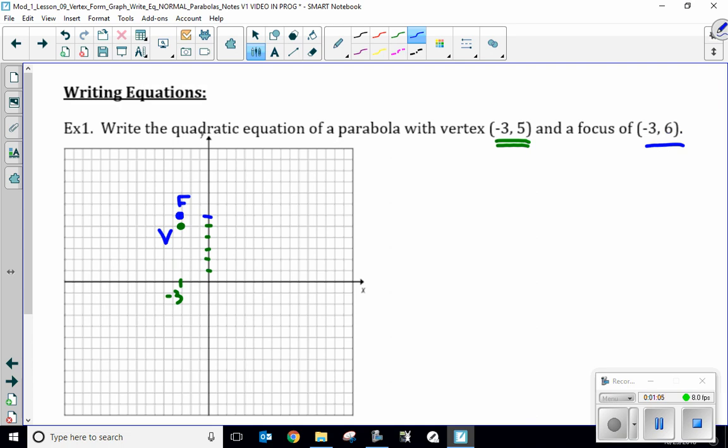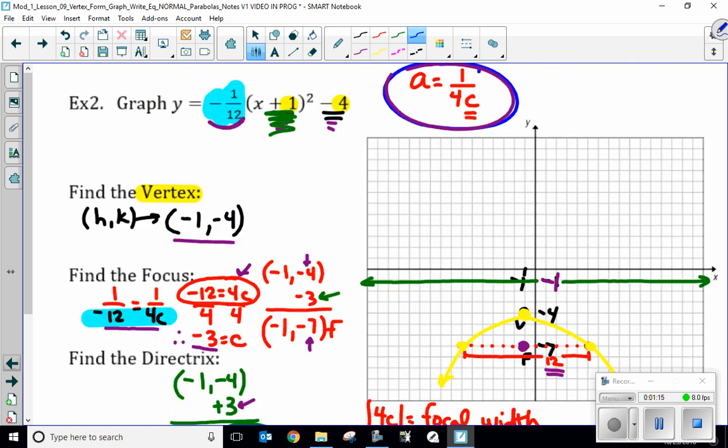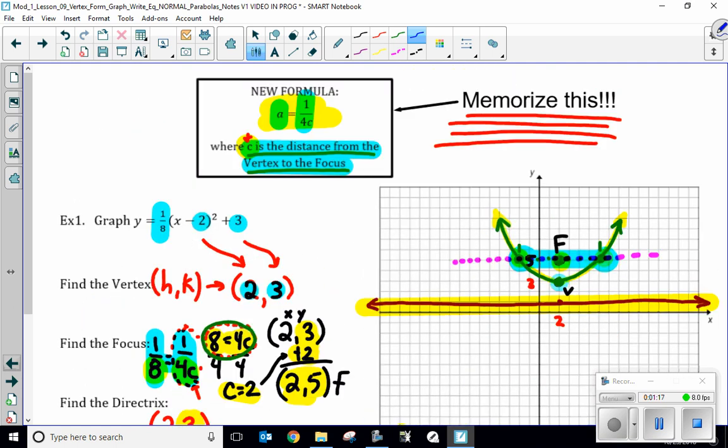Now, what's going to help me create this equation is, and I'm going to scroll back here, we're almost there. This formula is just money, and it involves almost everything we do when it comes to vertex form of an equation, graphing it, coming up with an equation, etc. A equals 1 over 4c.